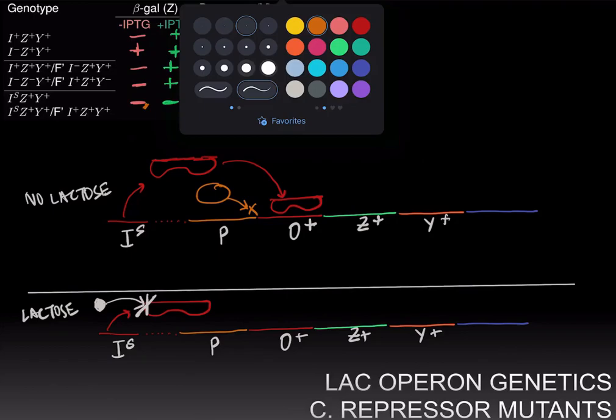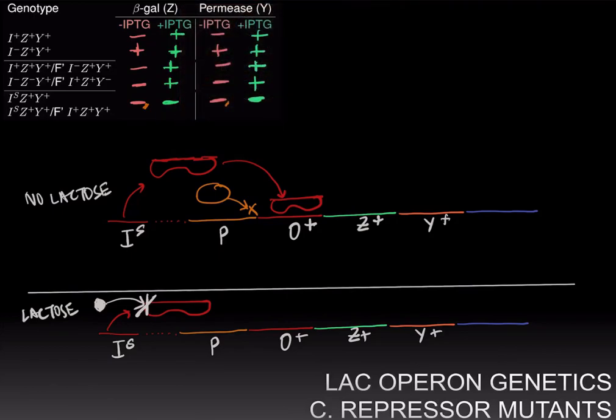The difference arises when you do have lactose: because of the mutation in the repressor made by the IS allele, lactose is not able to bind the repressor and change its shape, preventing it from binding the operator sequence.